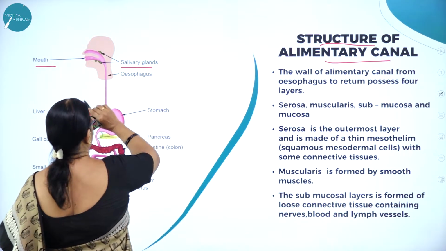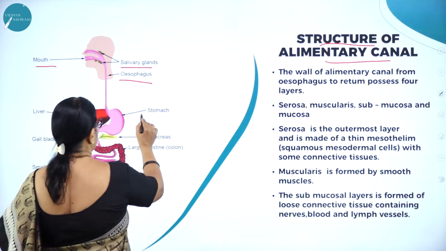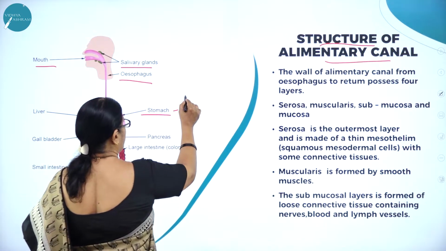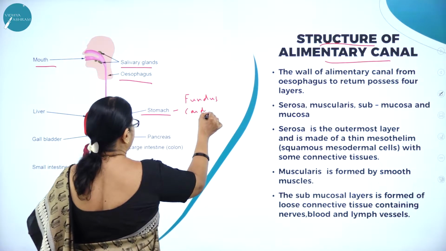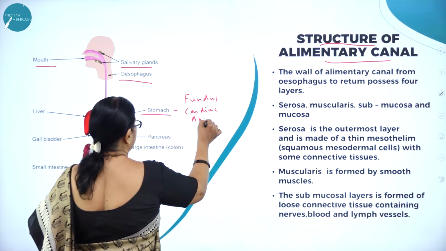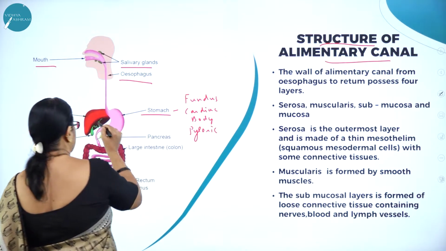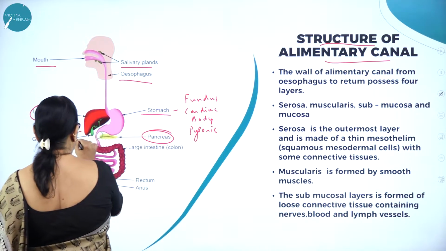Then you can see the salivary glands and a tubular structure called the esophagus, and the stomach. As we know, the stomach is divided into 4 parts, that is fundus, cardiac, body and pyloric. Then the associated glands are the pancreas, the liver and the gallbladder.